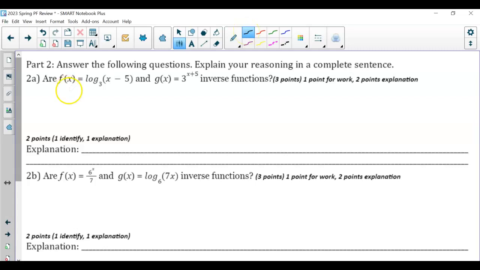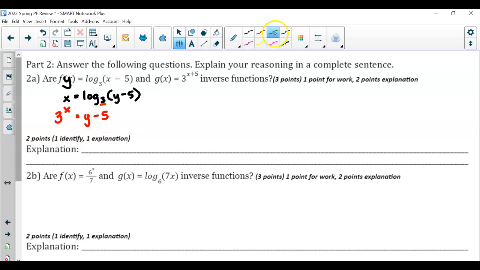So like here, for example, I know that this is the same as y. So this is really x is equal to log base 3 of y minus 5. Then just go ahead and solve for y. It's already by itself, our log, so I can convert. So this is base 3 to the x power, which is equal to y minus 5.